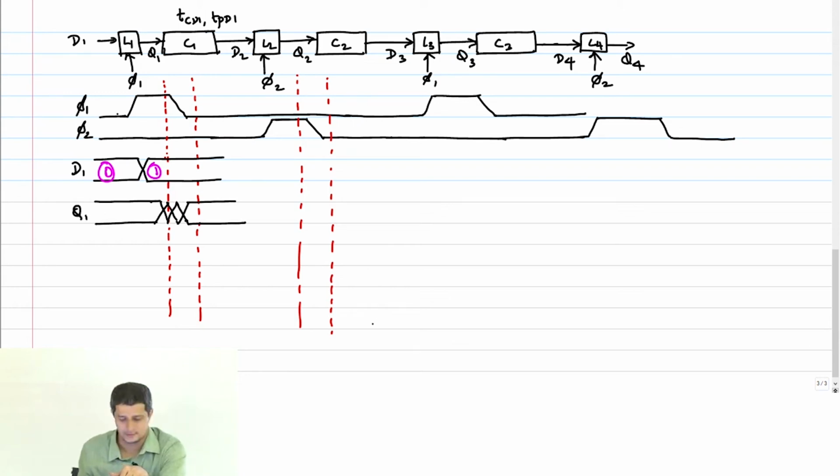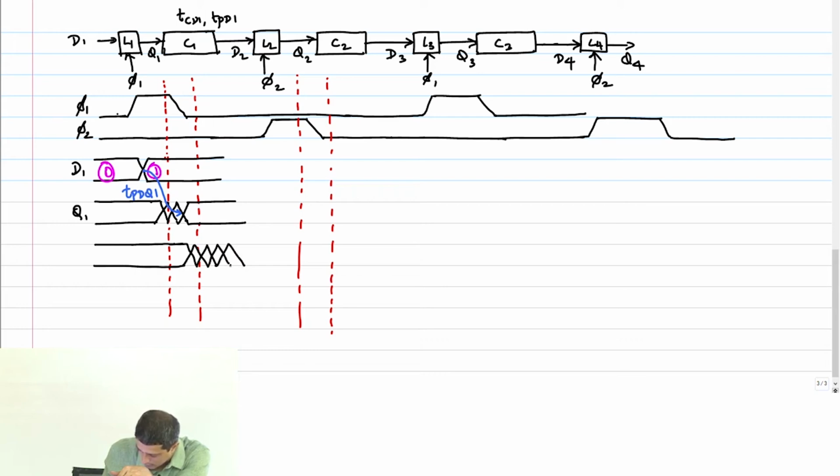Q1, and this delay is what? TPDQ1 for latch 1, right? Q1 has changed. What happens to C1 now? It's a usual thing. It's just a combinational block. TCD1 and TPD1 is the delay that's going to be incurred now. So the moment this guy starts changing, you can have a very quick change.